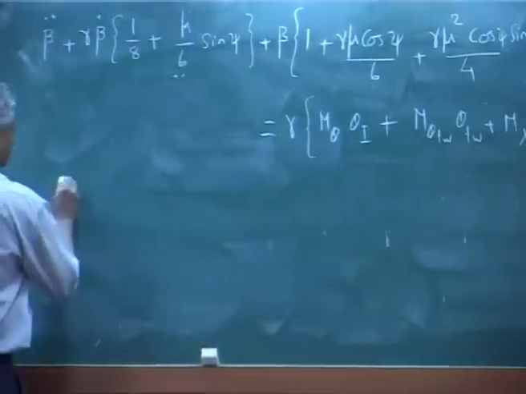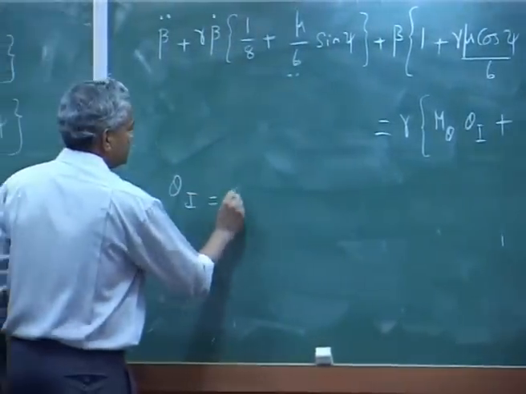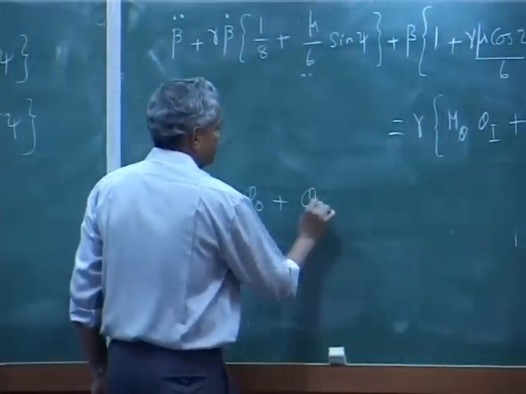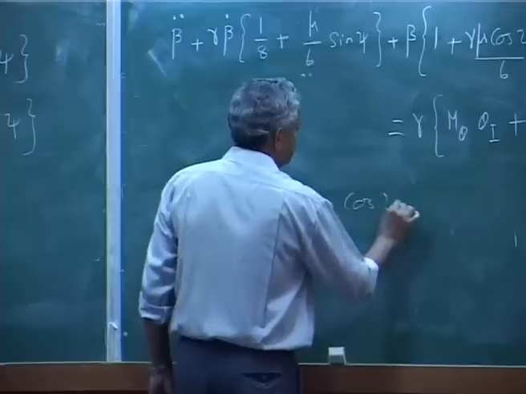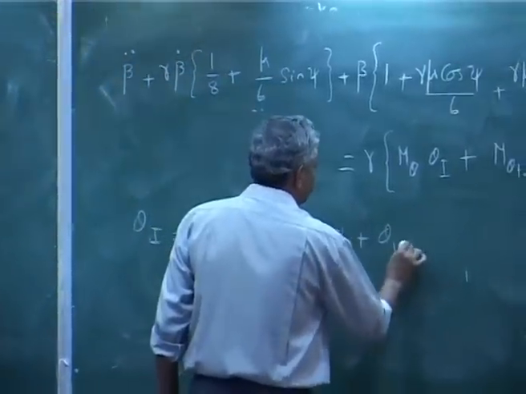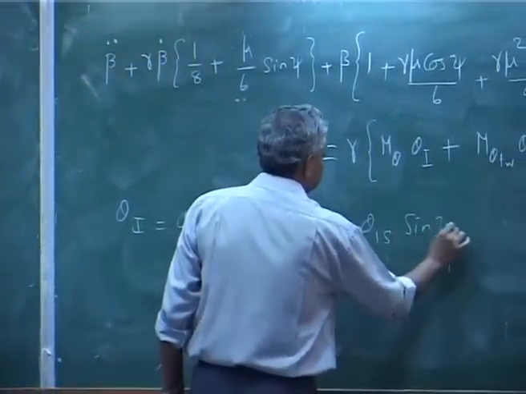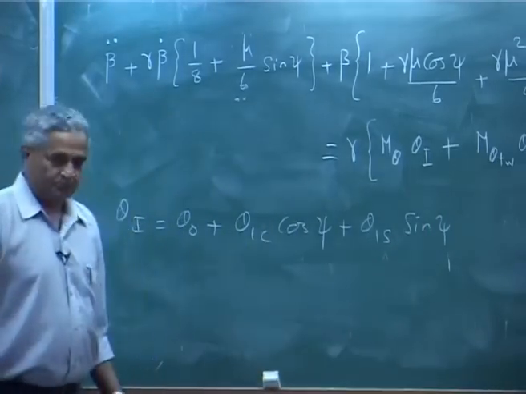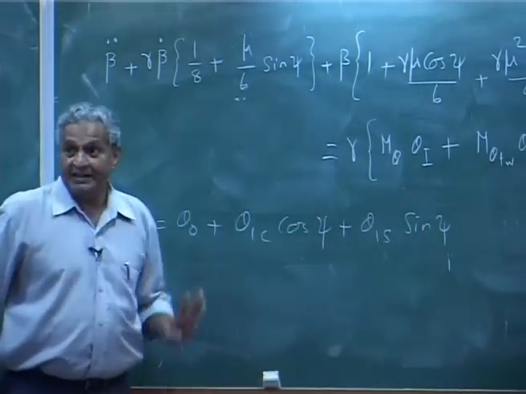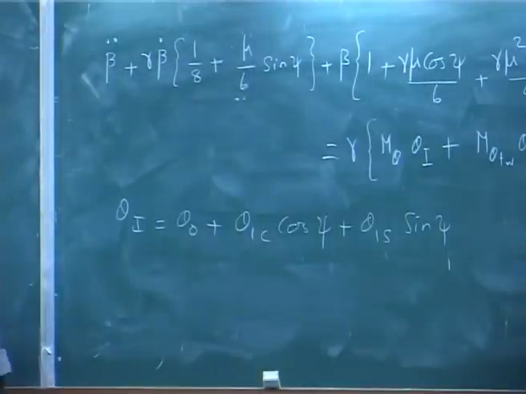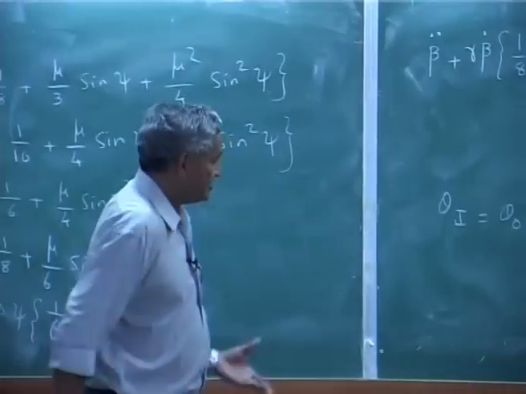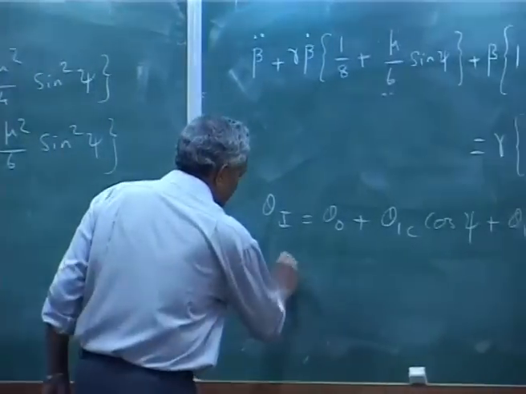I have to substitute theta I as theta naught plus theta 1c cos psi plus theta 1s sin psi. Then essentially I need to know what is the solution. Please understand, assuming lambda is constant, I have to get these quantities.